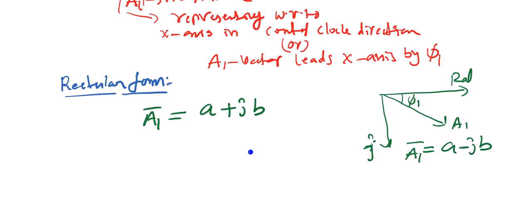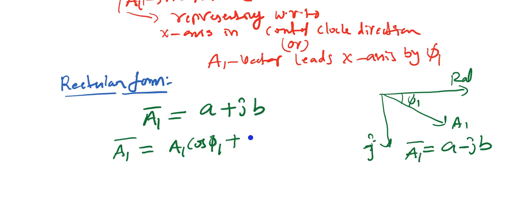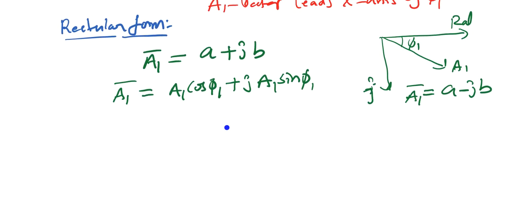And what is a here? A is nothing but a1 cos phi 1, plus j a1 sin phi. So this you can also call a rectangular form. How will you find the magnitude of this vector?